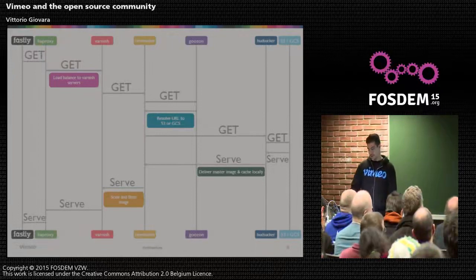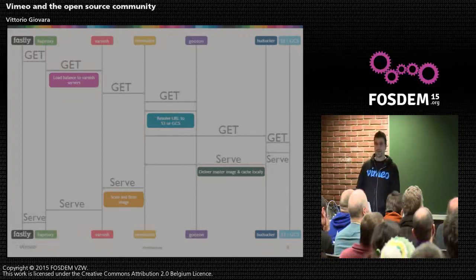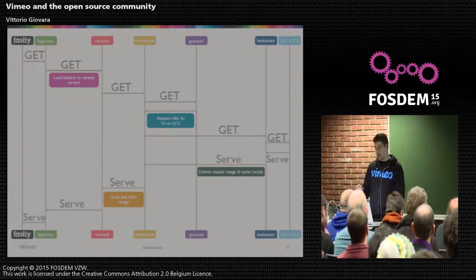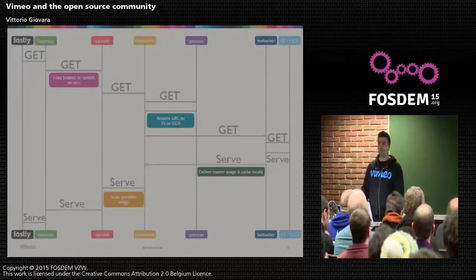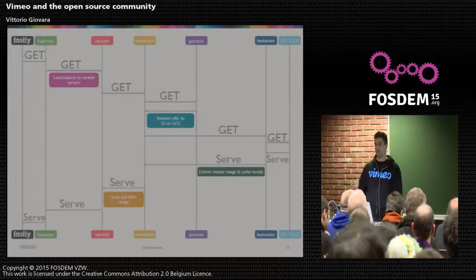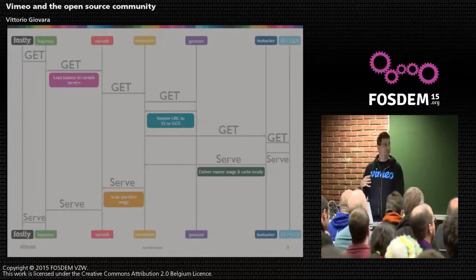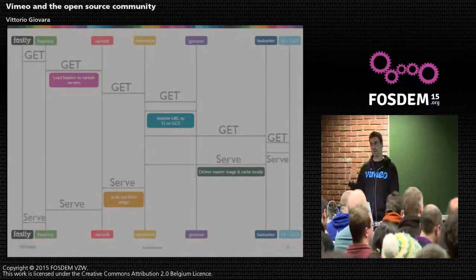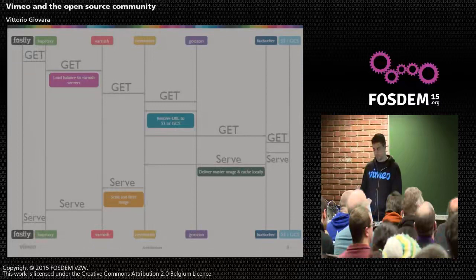On the top right, we see Hadsucker and Guzon, which are two tools for abstracting access to storage from the CDN and the compute infrastructure, and Hadsucker helps us cache the results. For example, if an image has been requested very recently, it will not get downloaded again, but it will be provided through the cache.